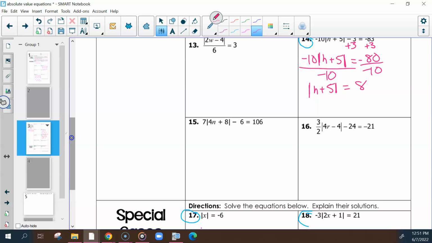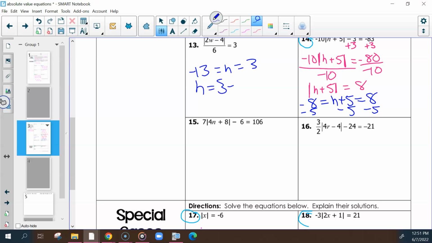And then set it equal to a negative and positive version of 8. And solve for h by subtracting 5 from each. I'm writing this over here because I'm writing answers. So h equals negative 13 and 3.